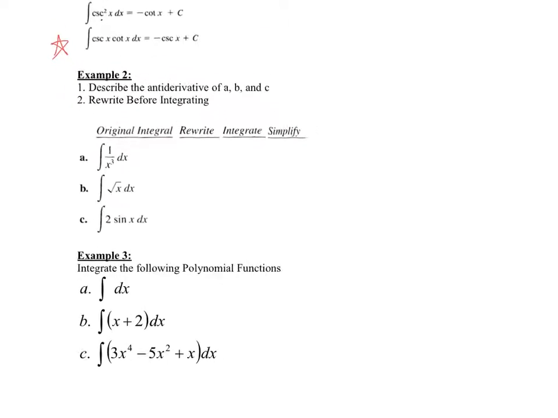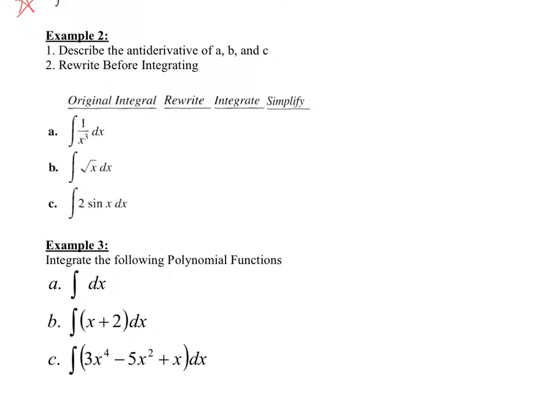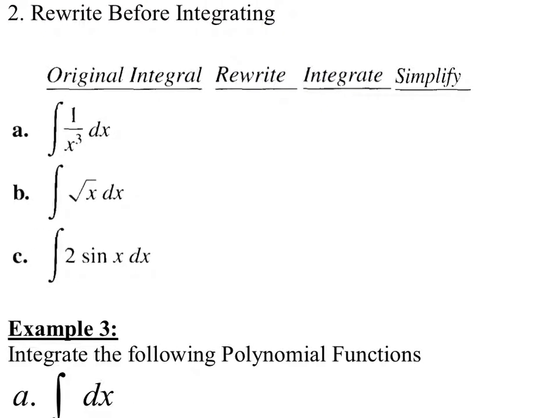So let's run through a few examples here. Just like with derivatives, it's often helpful to rewrite these. I'm going to rewrite this 1 over x cubed as x to the negative third, just like we would with our derivatives. So I'm taking the antiderivative of x to the negative third. That's the power rule we came up with earlier.